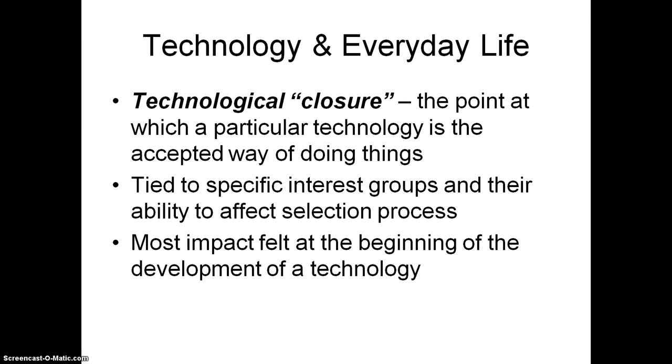The most impact when we see a political or an interest group influencing technological innovation is at the beginning of the technology. It's interesting to note that at the turn of the 1900s, when we went from the 19th century to the 20th century, automobiles were powered in all different ways. One was steam, one was electric. There were actually electric vehicles.